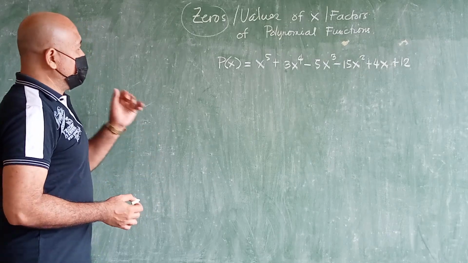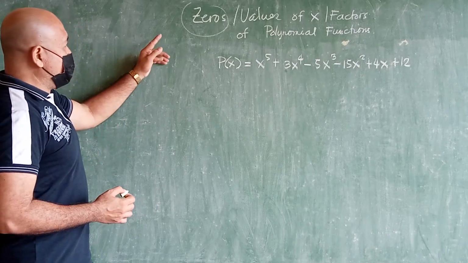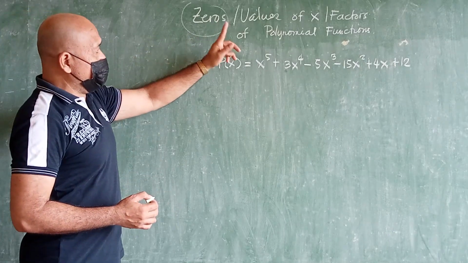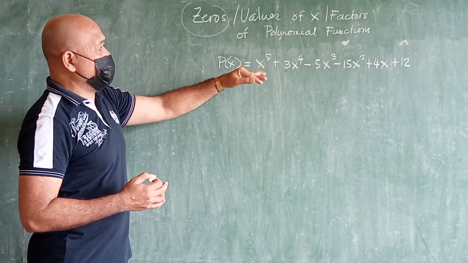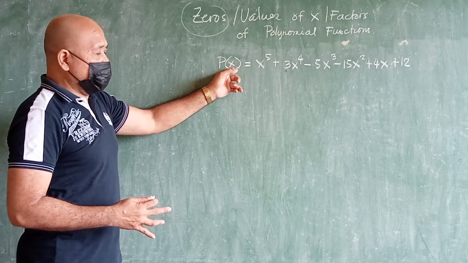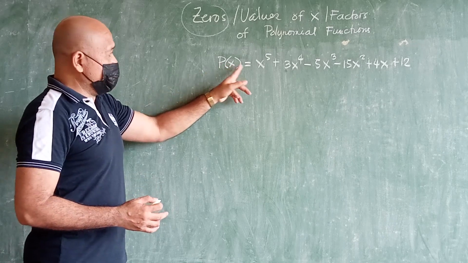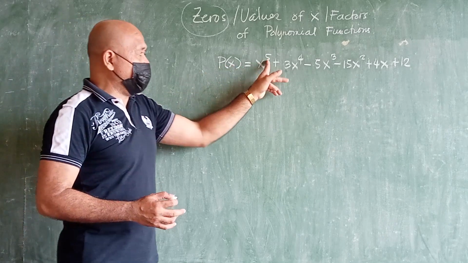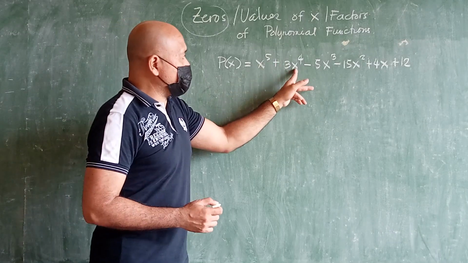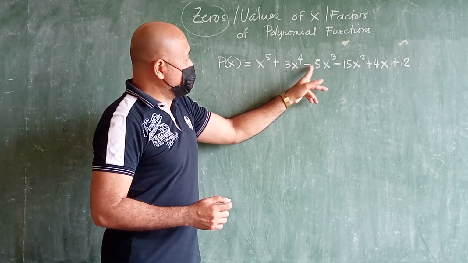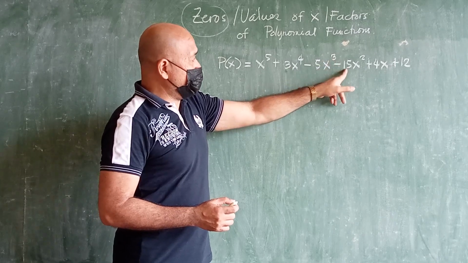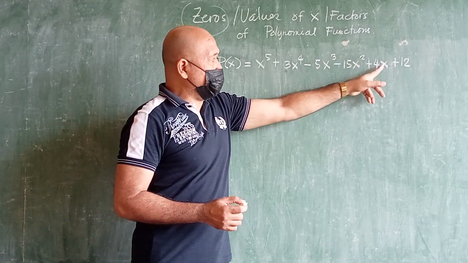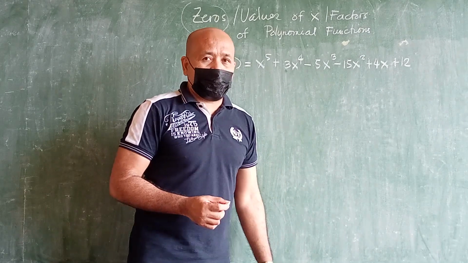Okay, for example, let us try to solve for the zeros, the values of x, as well as the factors of the given polynomial function. The given here is p of x equals x raised to the power of 5 plus 3x raised to the power of 4 minus 5x raised to the power of 3 minus 15x squared plus 4x plus 12.